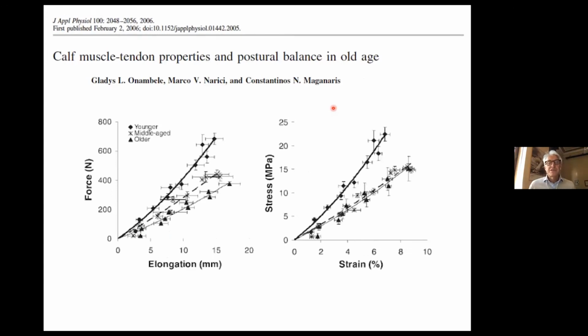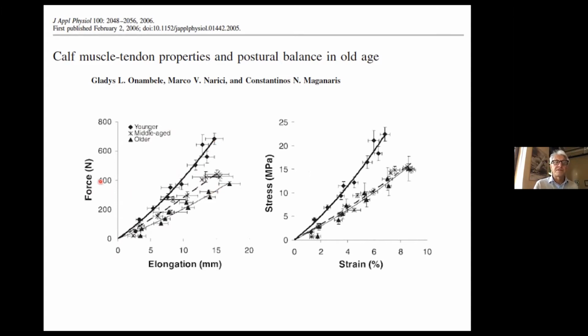What happens to tendon in old age? In this study, we measured tendon elongation in young people, in middle-aged individuals, and older individuals. This is the curve for the young people, this is the middle-aged, and this for the elderly individuals.